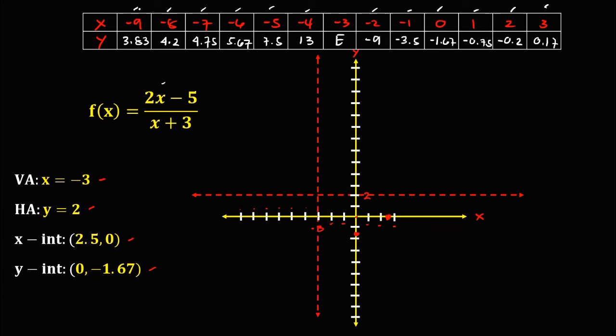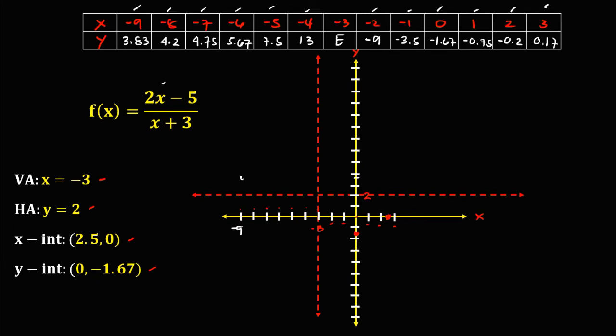So start with x equals negative 9 and y is positive 3.83. So 1, 2, 3, so maybe this one is 0.83.